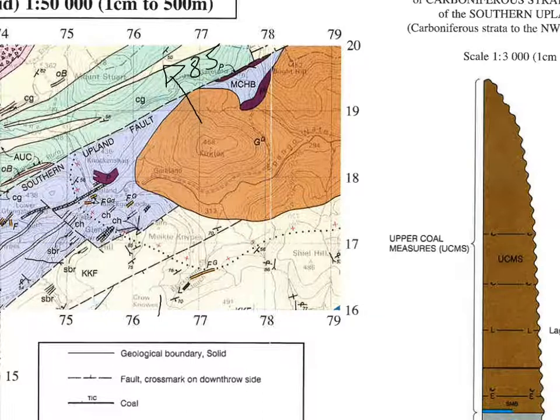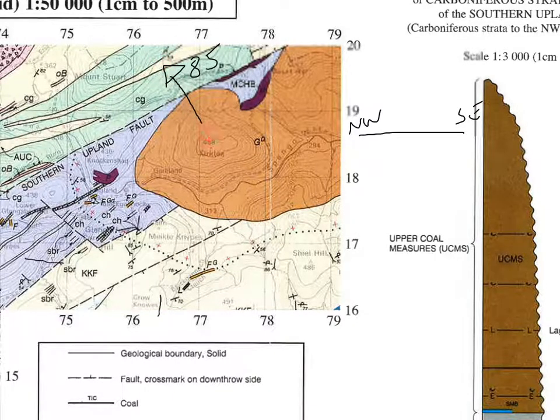And if we were to draw a little section of that, northwest would be this side and southeast that side. So we're doing a transect from this point across the fault line like this. We know the fault dips steeply, 85 degrees, towards the northwest.